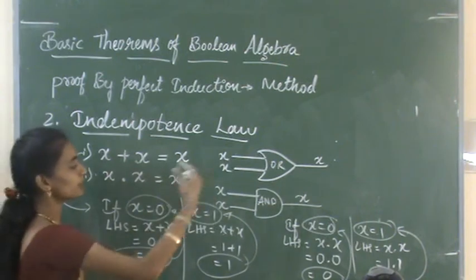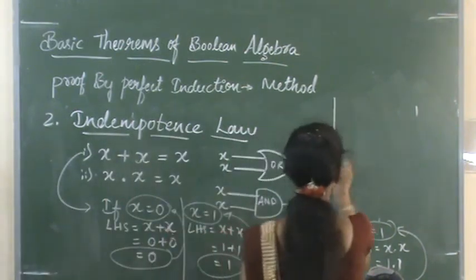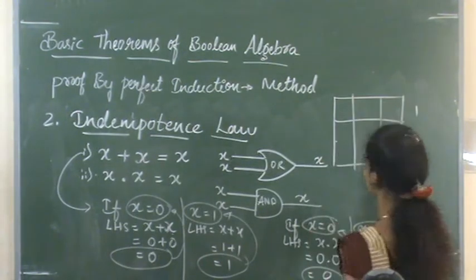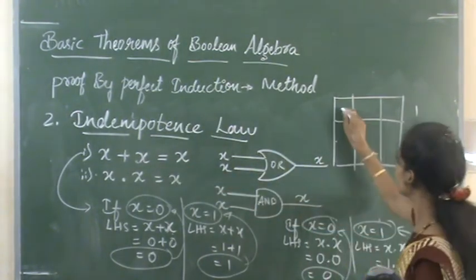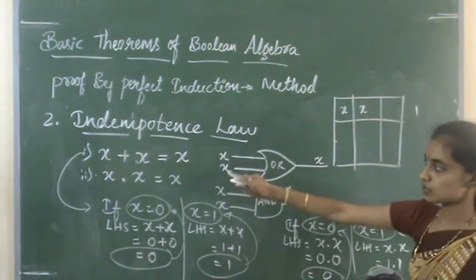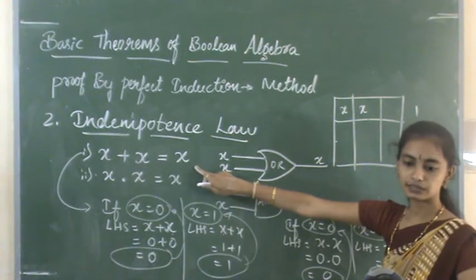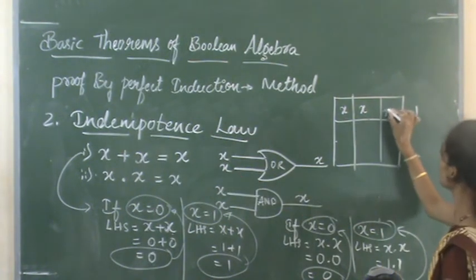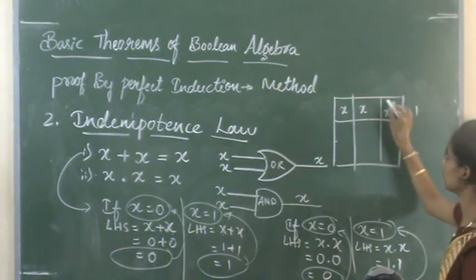Okay. So how to represent this in a truth table? See, the first variable is x, the second variable is also x, then the third, the resultant, will be x plus x, right?